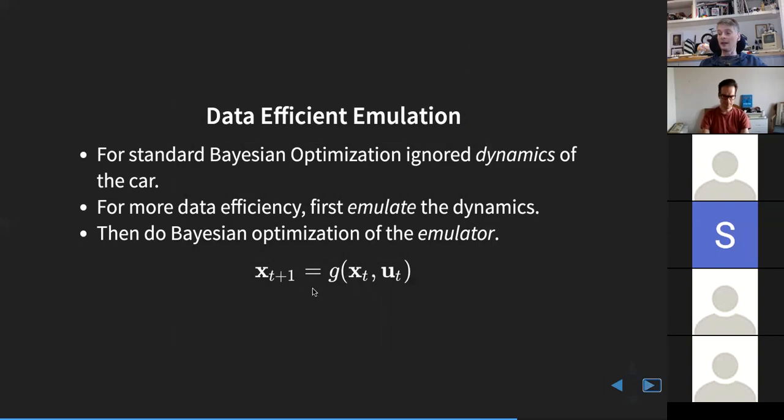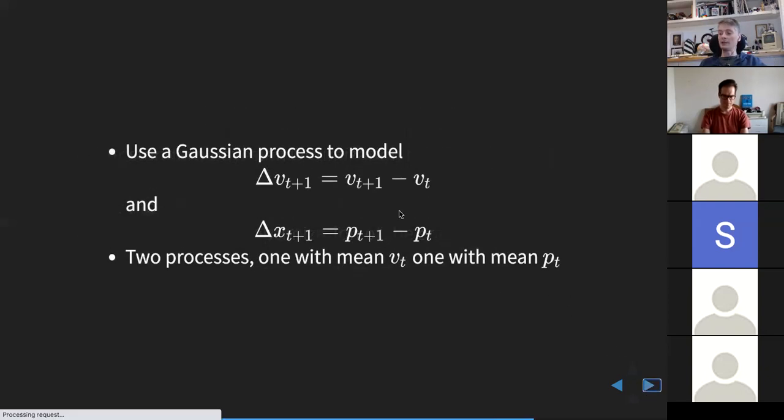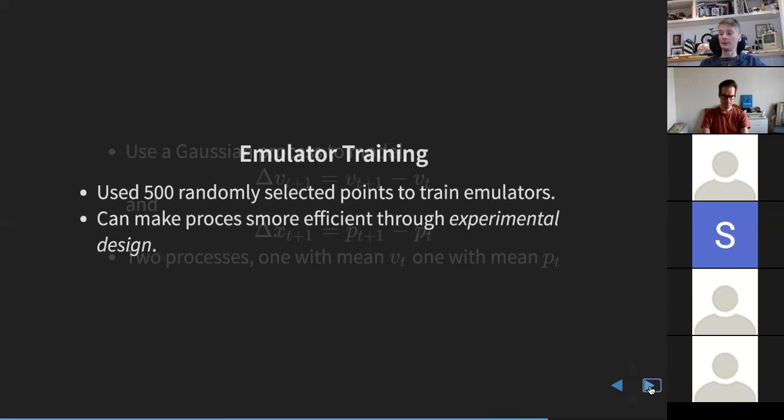Okay, so if the car simulator was very complicated, then what we could do is emulate it, right? So this object here, imagine this is really a complex simulation. So instead of just a simple car goes forward, car goes backwards, we've got some really complex physical model. What we can do is use a Gaussian process to model the different parts of the simulator.